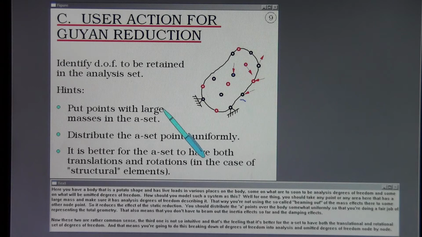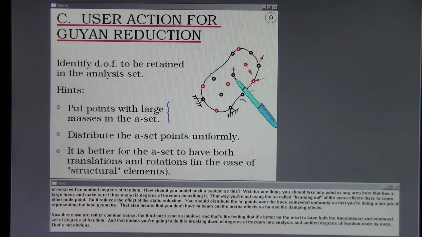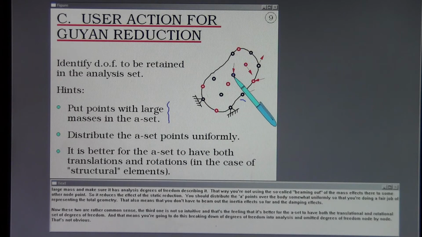Well, for one thing, you should take any point or any area here that has a large mass and make sure it has analysis degrees of freedom describing it. That way you're not using the so-called beaming out of the mass effects there to some other node point. So it reduces the effect of the static reduction.